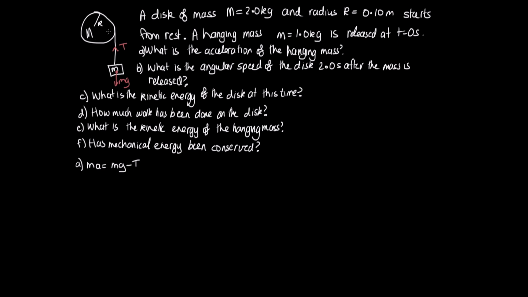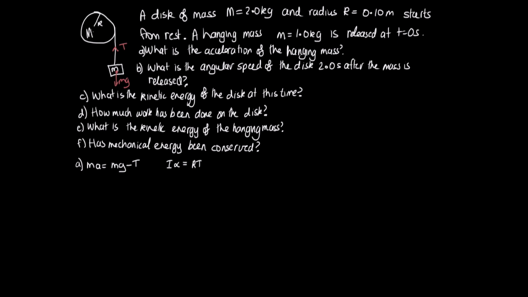Now we can also consider the forces which are acting on our disk here. So we can use Newton's second law for rotation to write down an equation for the disk. So we know that the moment of inertia of the disk times the angular acceleration of the disk is equal to the torques acting on the disk, and in this case the torque is caused by the tension force which is acting at radius r, so this is equal to RT.